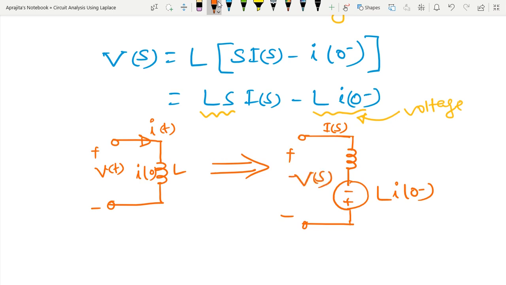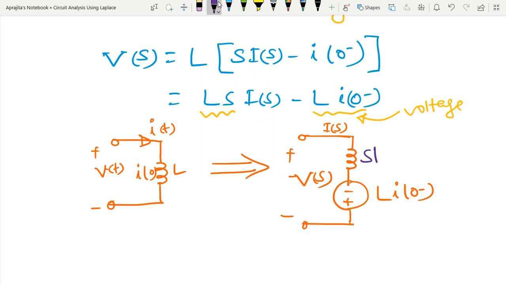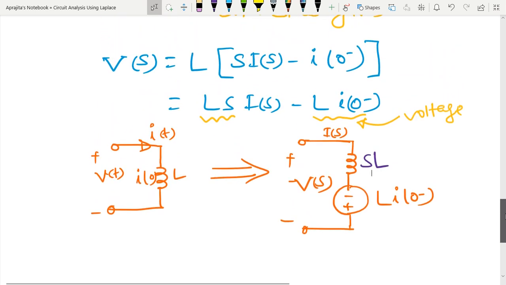The value of this I am going to write using a different color, so s into L. So in this way the time domain circuit is converted into the Laplace domain or frequency domain like this. Now I can also interpret this V(s) here as a voltage.